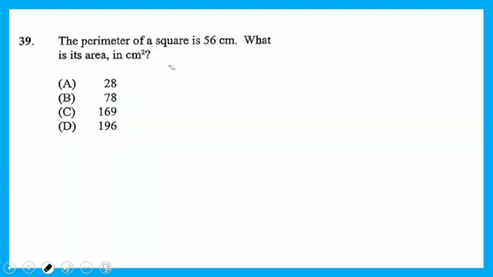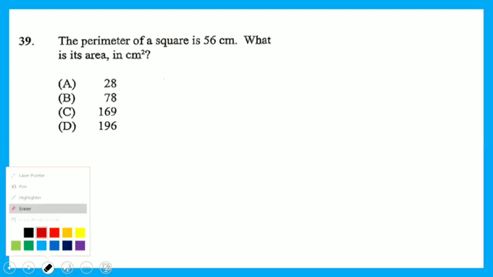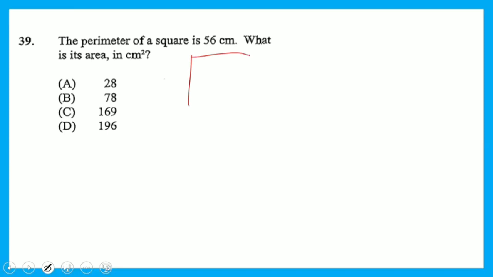All right. Number 39. The perimeter of a square is 56 centimeters. What is its area in centimeters squared? We have a square. What do we know about a square? You have to take into consideration the fact that all 4 sides have equal length. And if the perimeter is 56, what is the length of each side? 56 divided by 4.